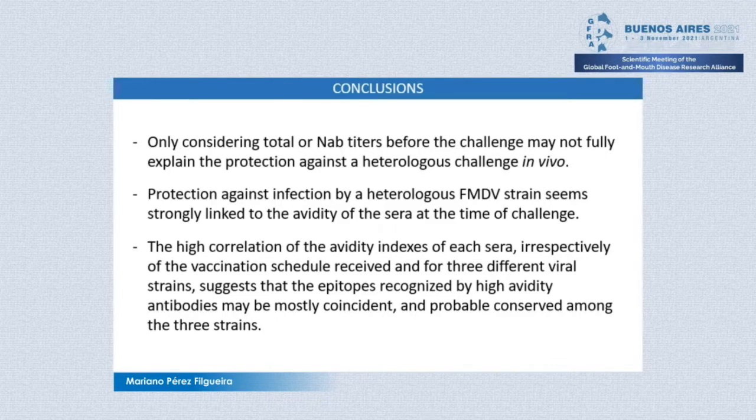The protection against infection by a heterologous virus strain seems to be linked to the avidity of the sera at the time of challenge, and the high correlation of the avidity indexes of each sera, even when the vaccine schedule received is different, or if you use different virus strains, may suggest that the epitopes recognized by these high avidity antibodies may be mostly coincident, and probably they are preserved among these three strains.